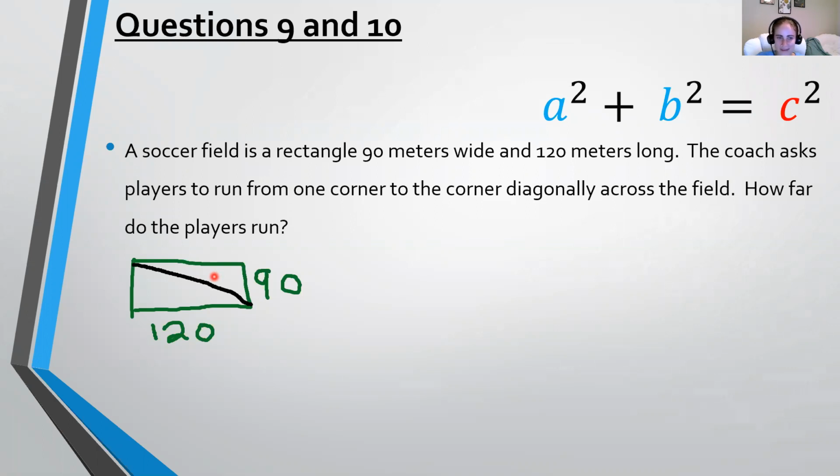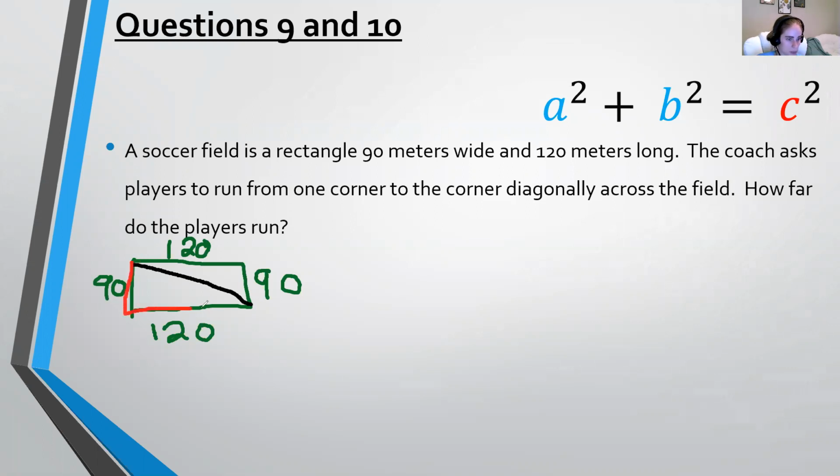Oh, guess what? We can fix that problem because remember, with a rectangle, opposite sides are congruent. They are equal. Therefore, this is also 120 meters. This is 90 meters. So now we can visualize either triangle because they're both identical.